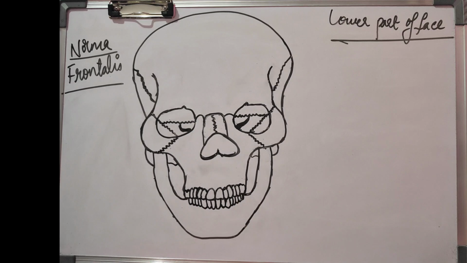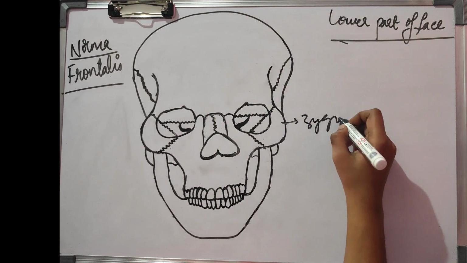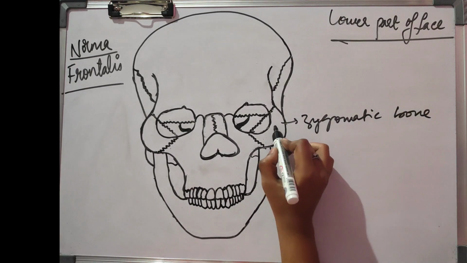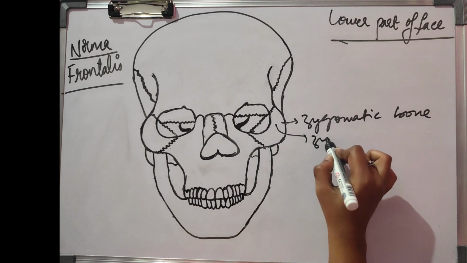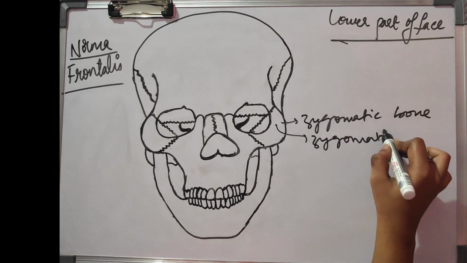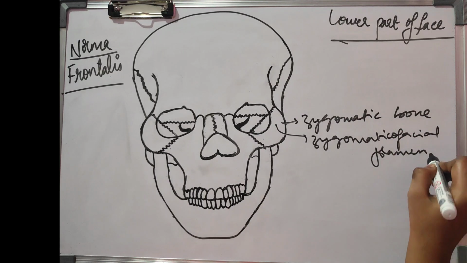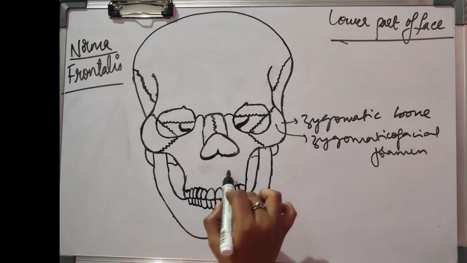In the lower part of the face, it contains the zygomatic bone, and on the lateral surface of the zygomatic bone, we find zygomaticofacial foramen. And coming to the maxilla, this is the maxillary bone.